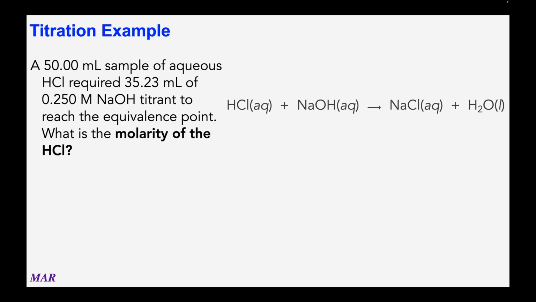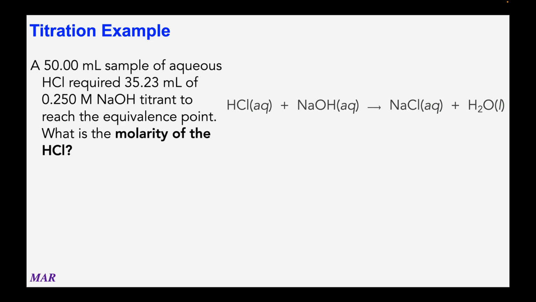So in this problem, we have a 50 milliliter sample of aqueous HCl, and we don't know what concentration it is, but we're going to titrate it with 35.23 milliliters of a 0.250 molar sodium hydroxide solution. Now, the big M is molarity, which is moles per liter.